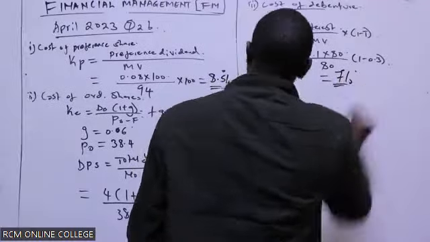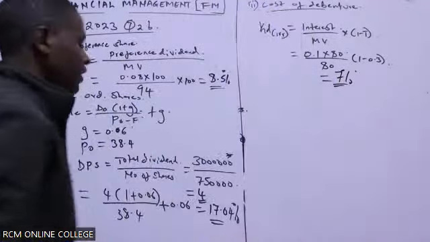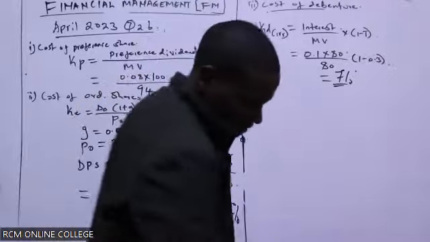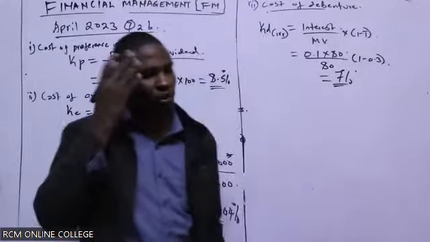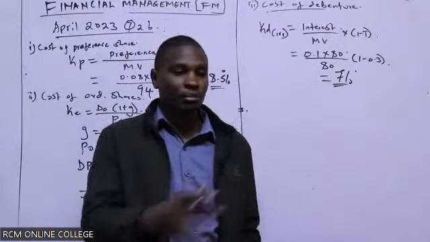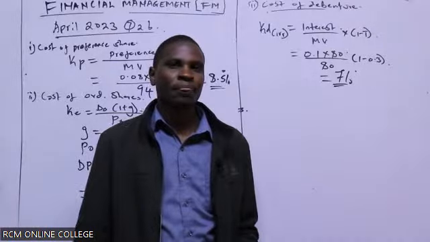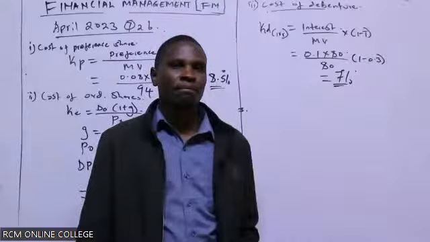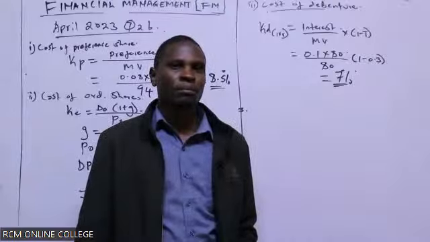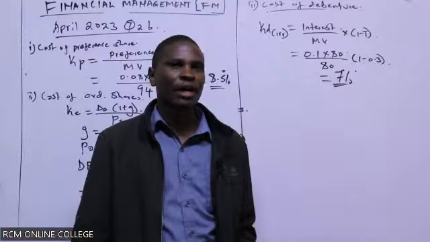Now I have my cost of the third. Why didn't I look at the cost of retained earnings, and it is provided? Cost of retained earnings, bonus.